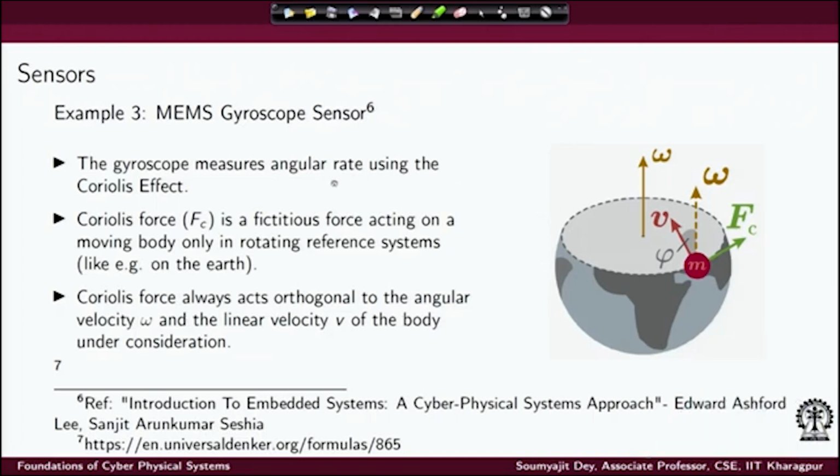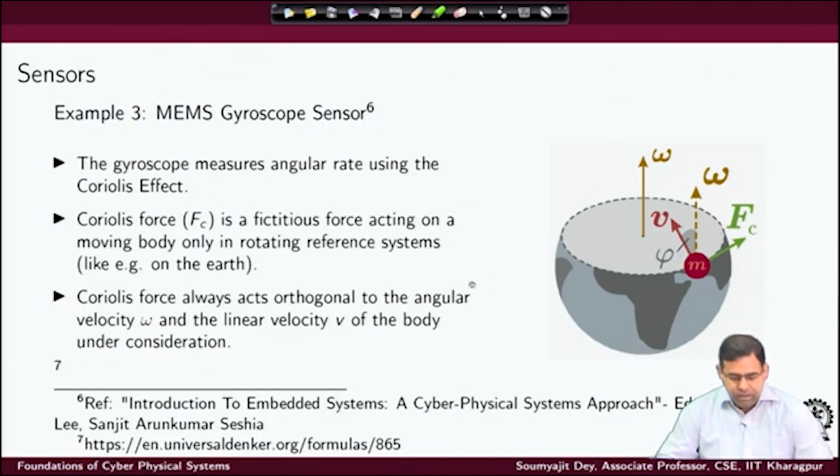Okay. Now, similarly, I can also have a gyroscope sensor, a MEMS gyroscope sensor, which can be used for measuring those orientation related elements like roll, pitch and yaw, and their primary principle is to use the Coriolis force. This Coriolis force is a fictitious force that acts on a moving body when it's rotating with respect to some central point.